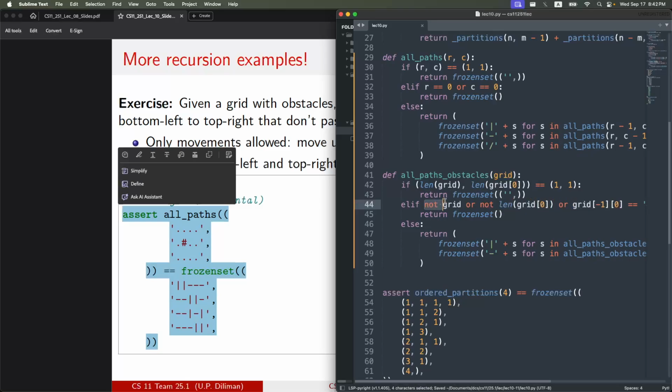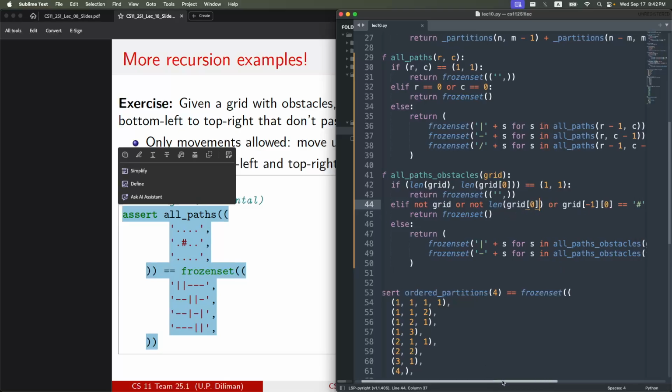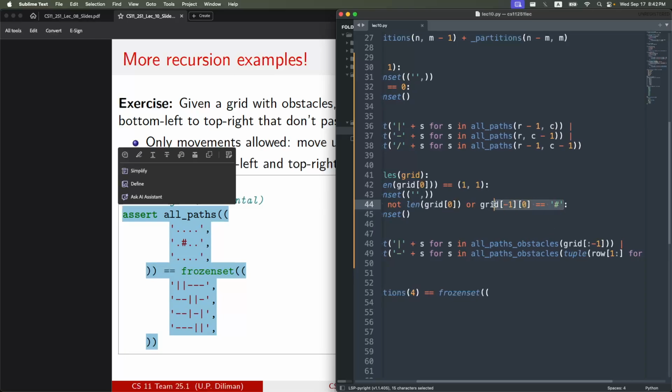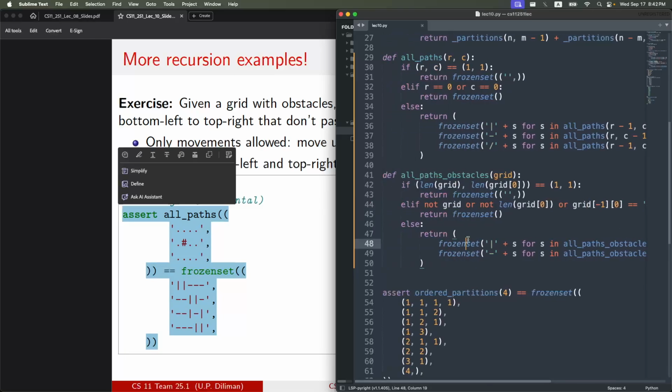If we run out of rows or run out of columns, or we end up with an obstacle, then we return the empty frozen set.